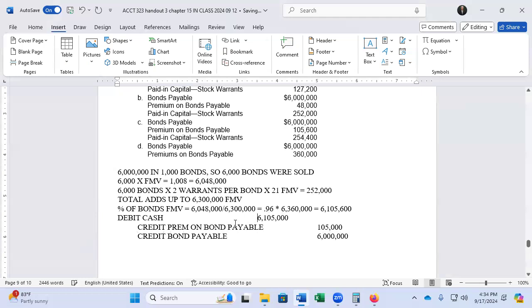And then the warrant piece of it. $254,400.